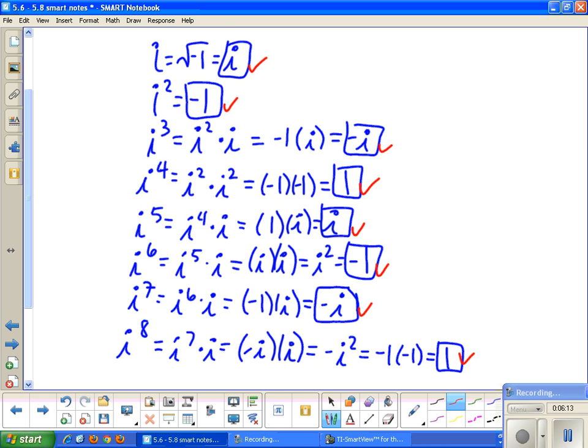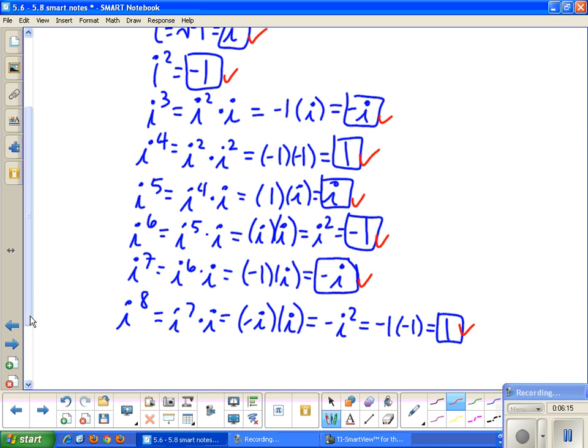And if I were then to do i to the 9th power, what do you think you would get? i to the 9th power should give me, in this case, we're starting our cycle over, so it should give me i. So if I do i to the 8th times i, I get 1 times i, which is i.